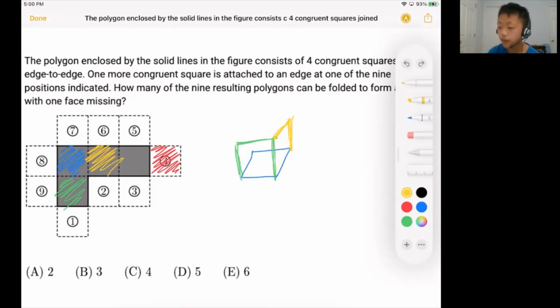And then let's say you have this black square here. If you were to fold that, you can imagine it folding all the way up to here. You have to use your imagination: the black square would fold all the way up to the top face of the cube. And then the red face would fold all the way over here, if you fold it all the way like that, right?